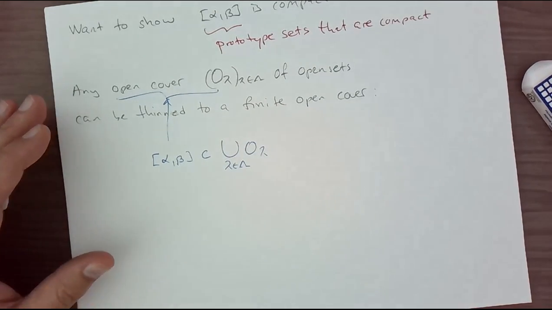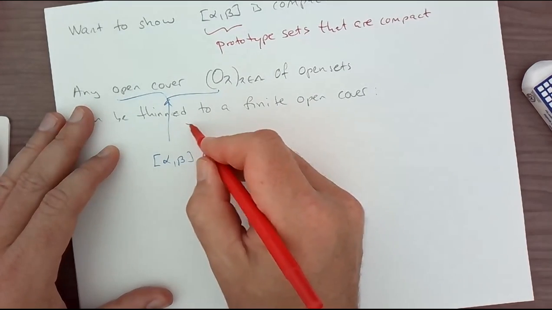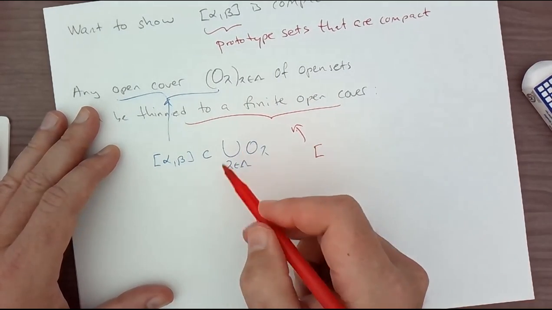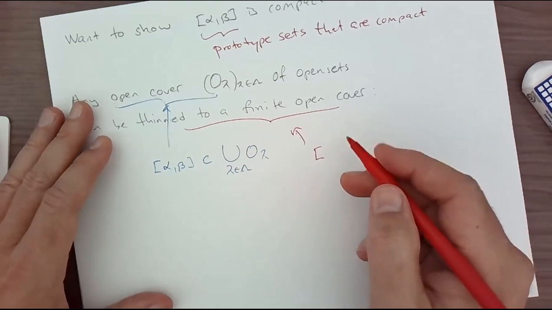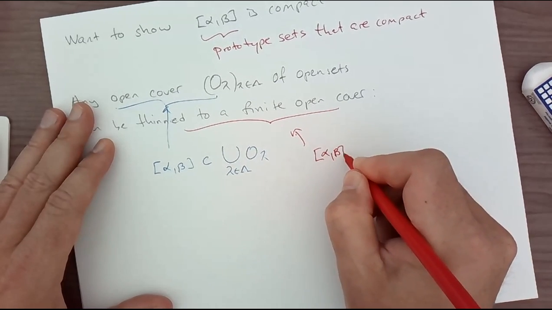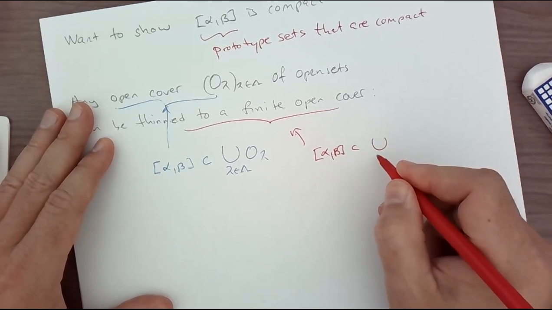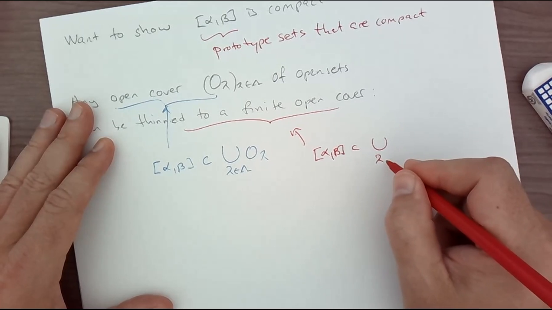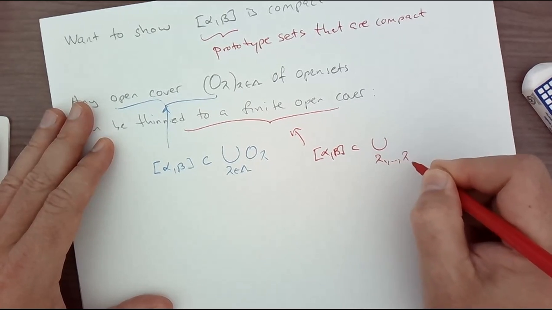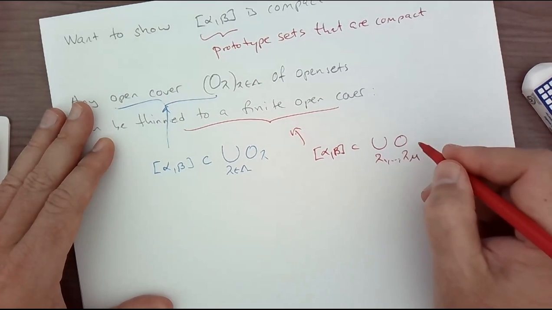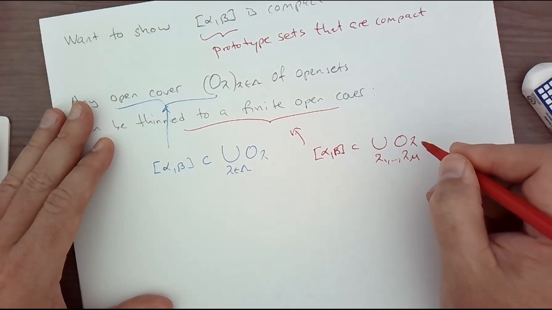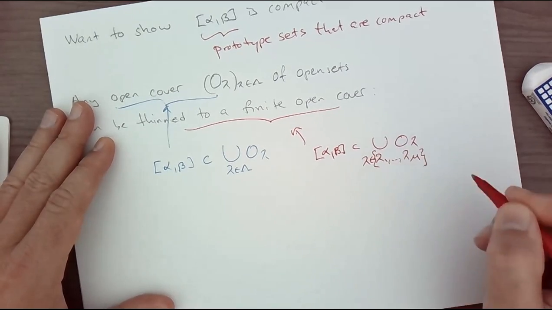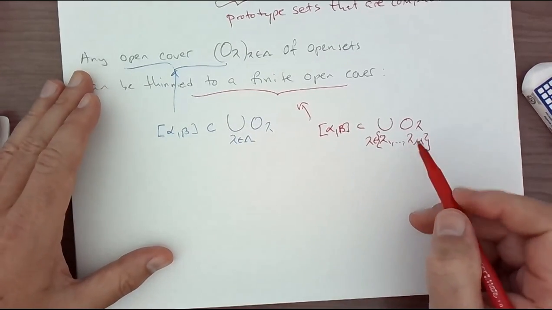And what does it mean that it can be thinned to a finite open cover? Well, this means that if I throw away all these sets except for finitely many, I'm still going to be in there. Right? So there'll be some lambda 1 up to lambda m, the union of these O lambda. So there are finitely many here.